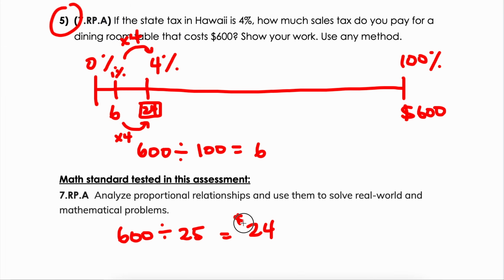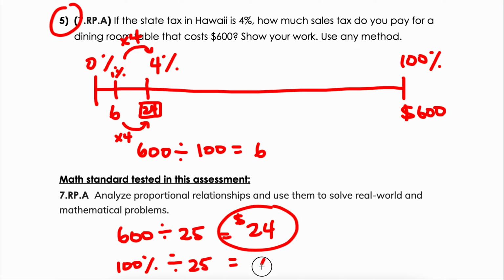So that could also get you straight to your answer. And that's because 100% divided into 25 pieces is equal to 4%. But if that doesn't make sense to you, don't worry. You can just break it down to 1%, build it back up to 4%.